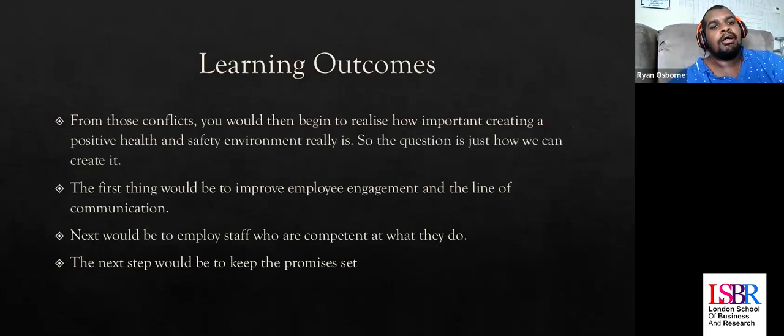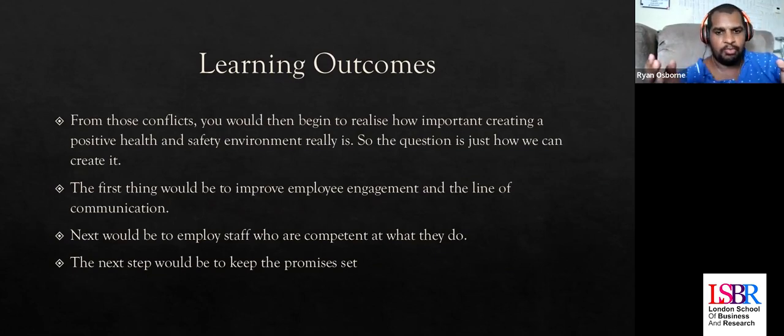So here's the thing. From these conflicts, we would then begin to see why we need to create a positive health and safety environment. But the question is, how do we create it ourselves? So I think the first thing we need to do is to improve how we engage with our employees and how regularly we are communicating with them as well.